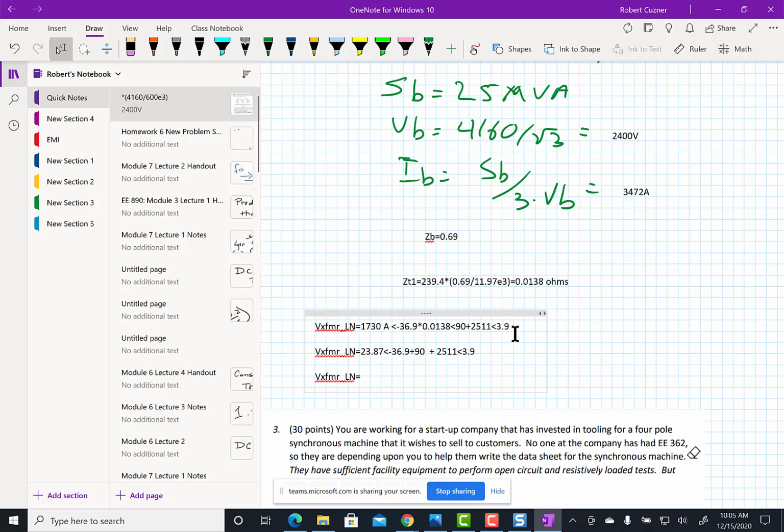So the angle of negative 36.9 plus 90 is 53.1. And then I'm going to do 23.87 cosine of 53.1, which is 14.33, plus J 23.87 times sine of 53.1.